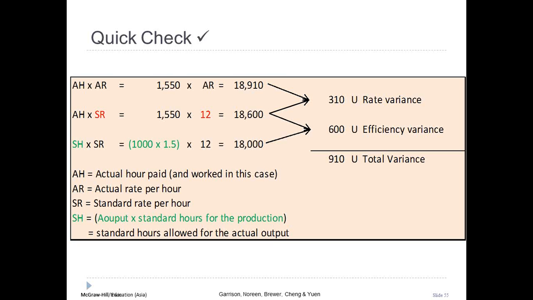The flexible budget value, $18,000, is determined by multiplying the actual amount, 1,000 zippies, by the standard hours required to produce each zippy, 1.5 hours, and the standard labor hourly rate of $12 per hour.